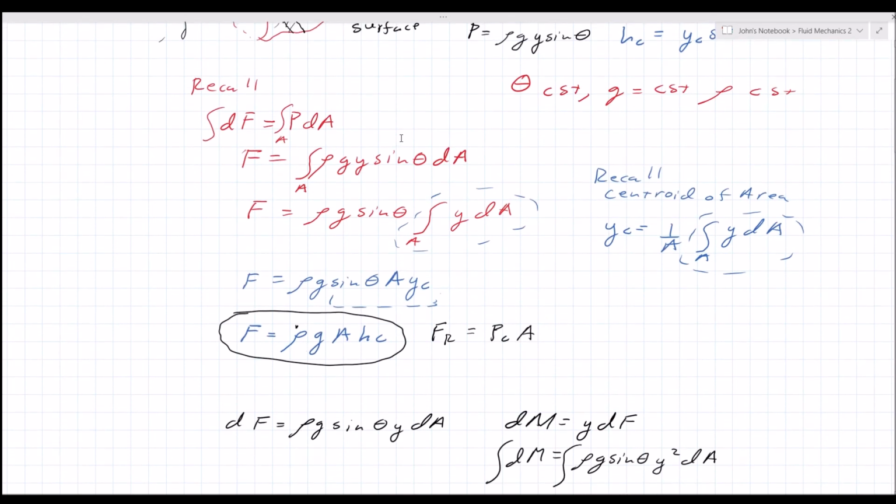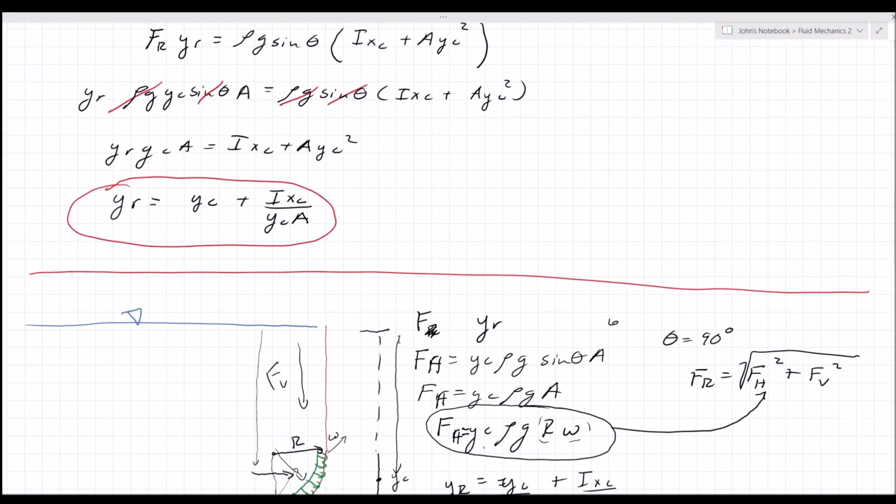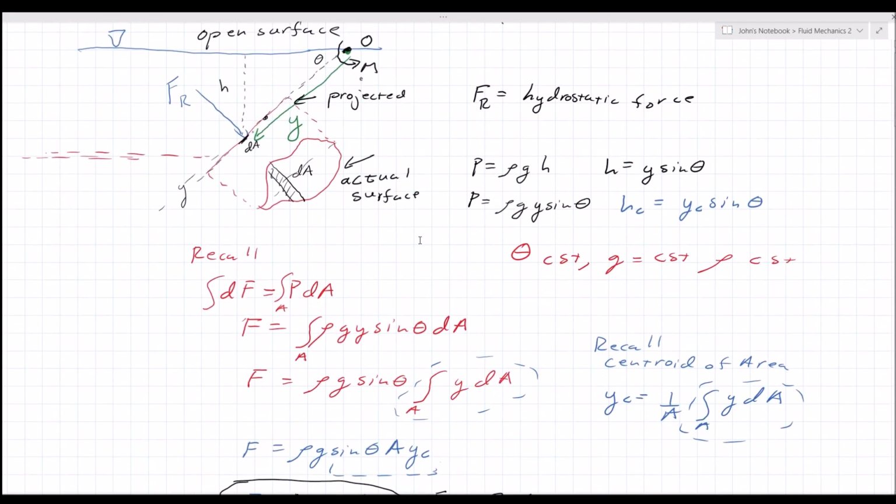But what about area? What's my area? Down here, it was a rectangle when this was a quarter circle. Does that mean my areas up here will be rectangles? The answer is no. This area in this equation is going to be the area of your plate. So even though my projection would be a line, my area would be whatever shape that plate is.